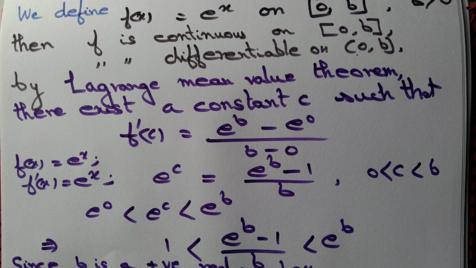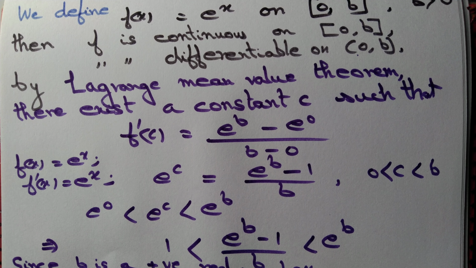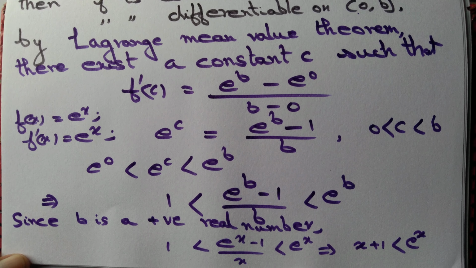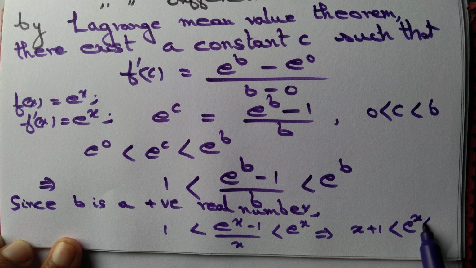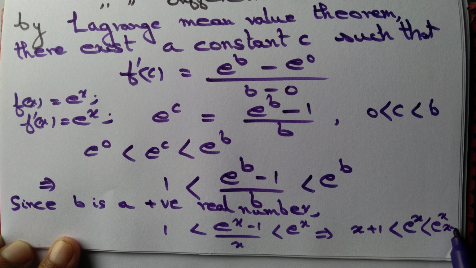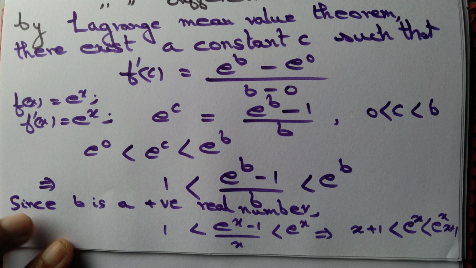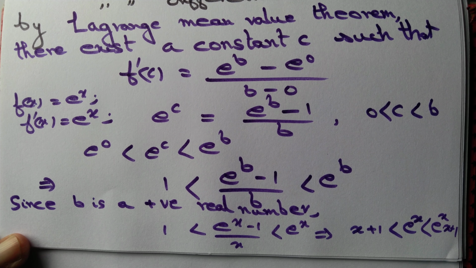We can multiply by x throughout, since x is a positive real number, and add 1 to obtain x plus 1 is less than e to the power x, and that is less than x times e to the power x plus 1. Are we done? Yes, for every positive real number x.